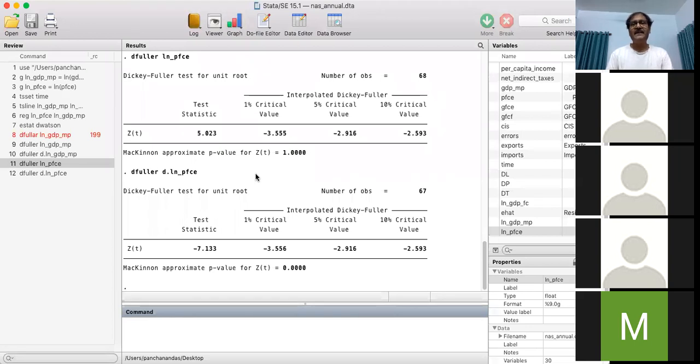That is, the trending behavior of GDP follows the trending behavior of consumption expenditure, or the trending behavior of consumption expenditure follows the trending behavior of GDP. So in that sense, GDP and consumption expenditure may be causally related. That is, the trending behavior of GDP is following the trending behavior of consumption expenditure or vice versa. So for that reason, we can carry out the co-integration test only when the variables exhibit a similar kind of stochastic trend.